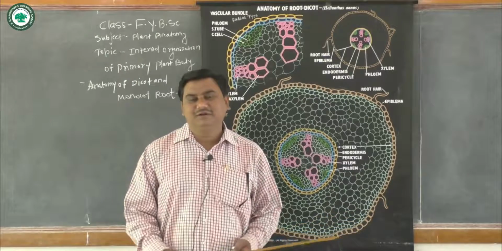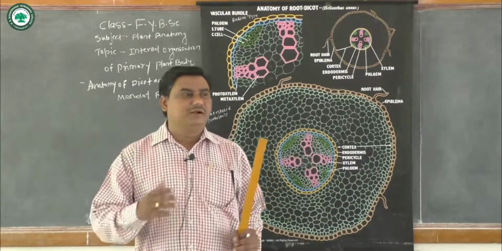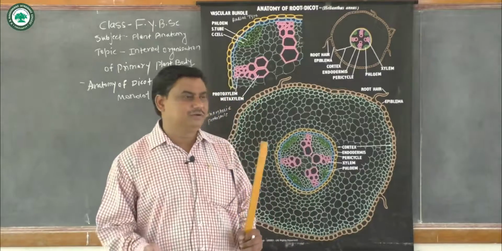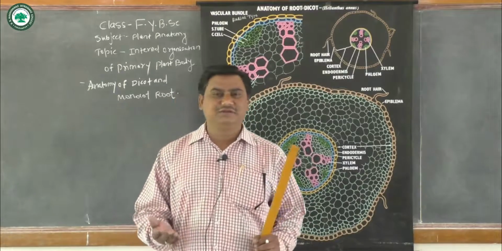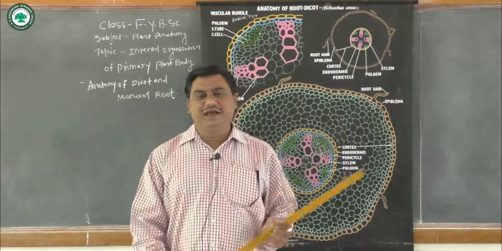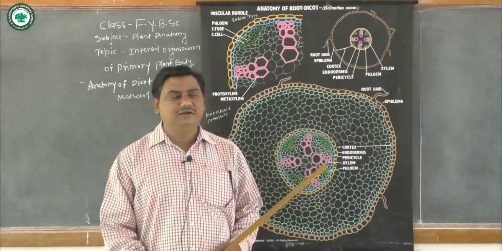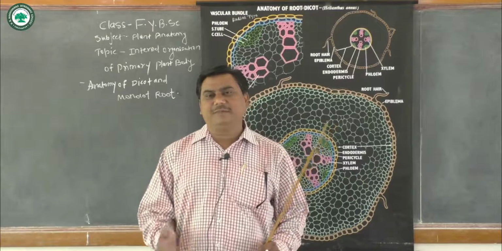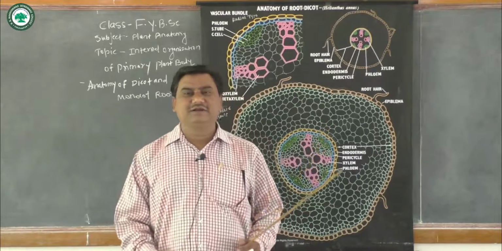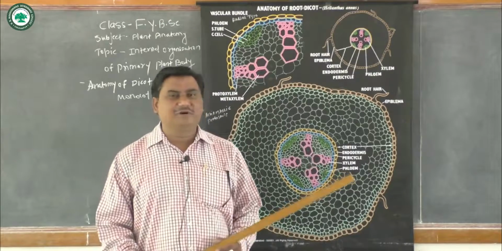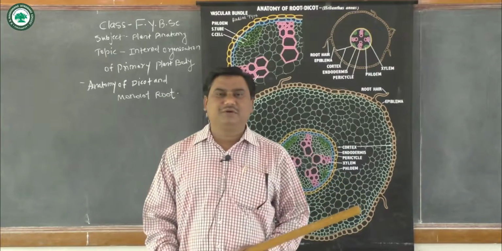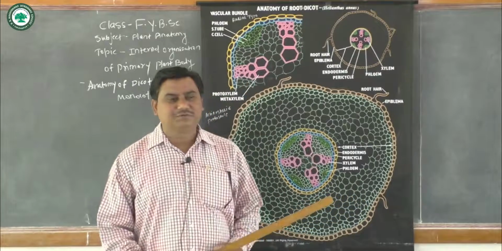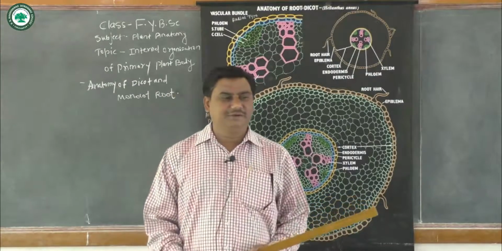As we know, there is an apical meristem present on the root as well as on the stem portion. It has dividing potential, and during the course of time, the apical meristem divides, and as a result the primary plant body is formed, laid down due to this meristematic activity.